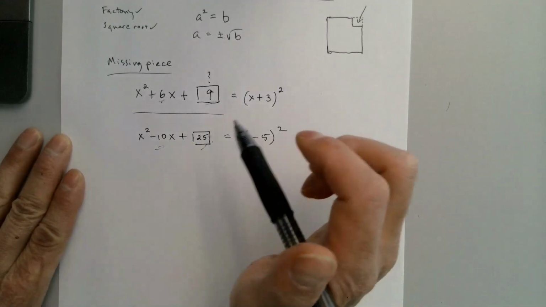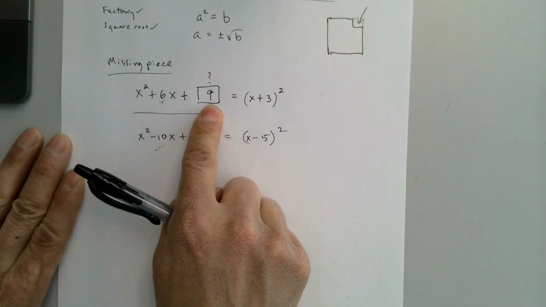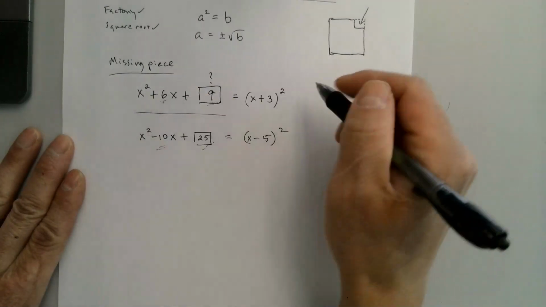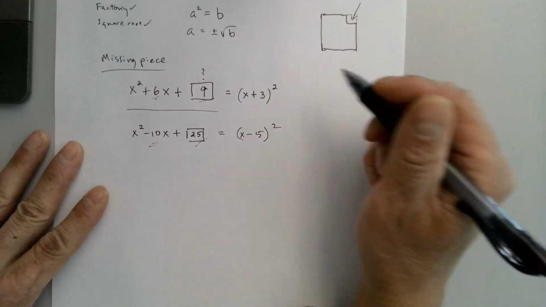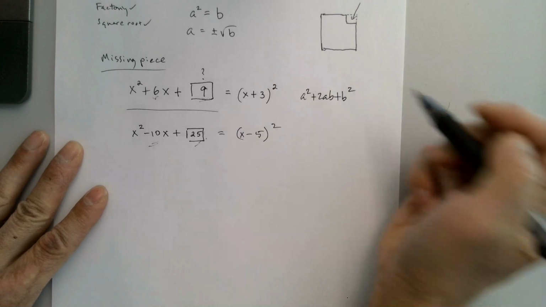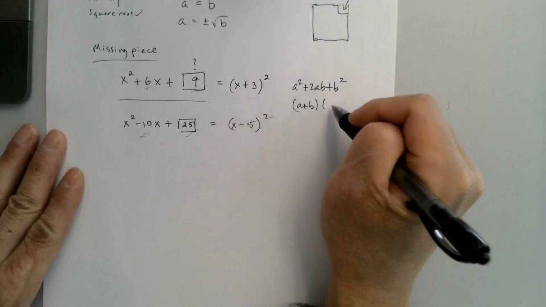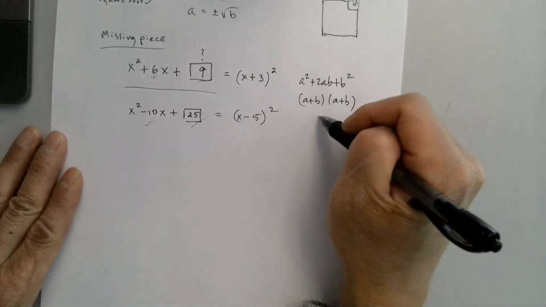So what is the systematic way of getting that 9 without guessing and trying? Well, we have to remember the pattern for a perfect square trinomial. It's a squared plus 2ab plus b squared. And the factored form of that is a plus b times a plus b. I'll just write it as a plus b squared.